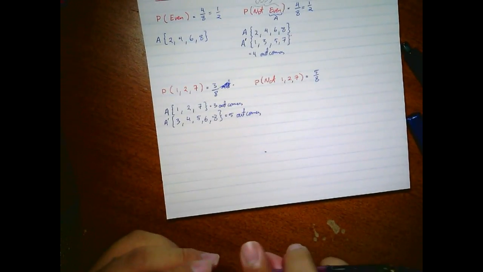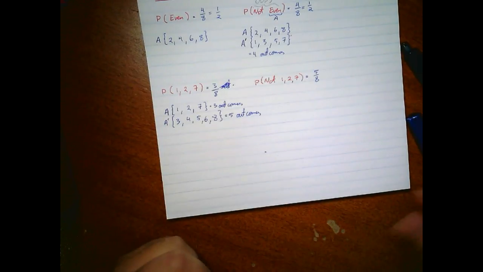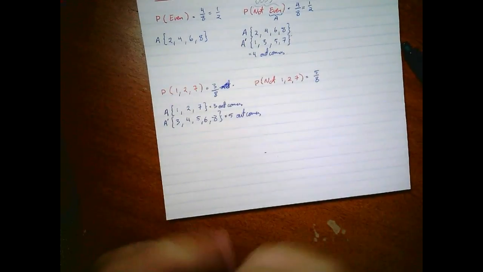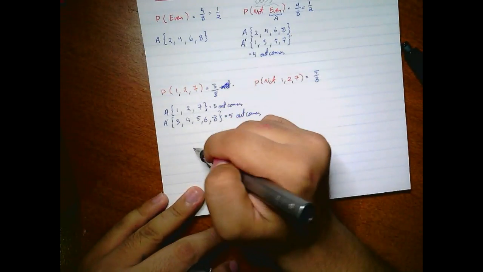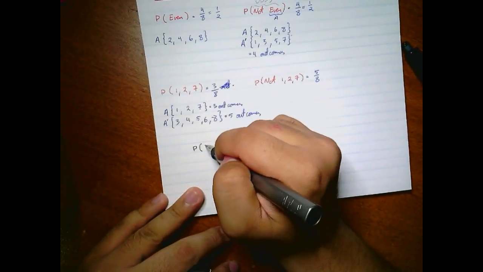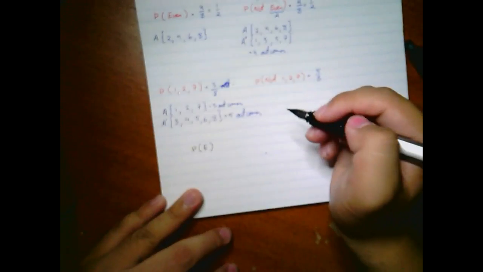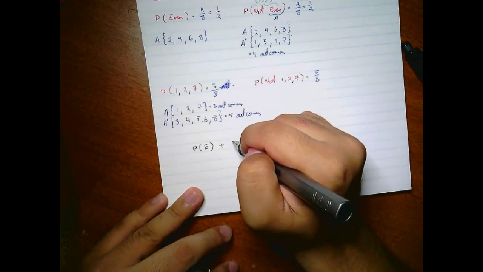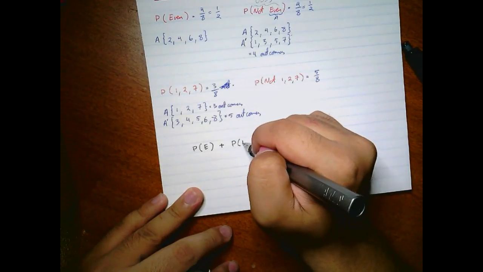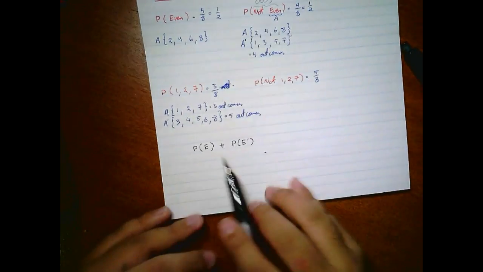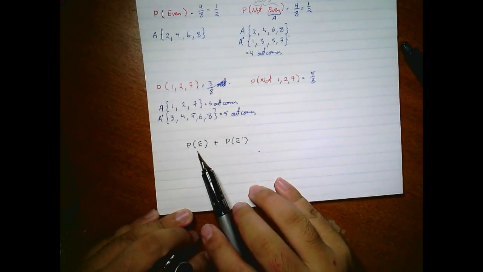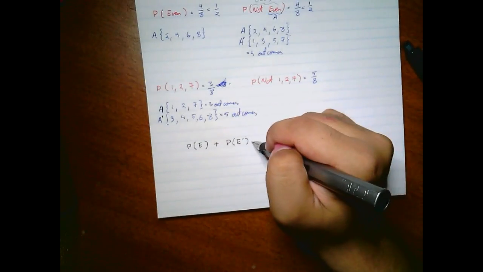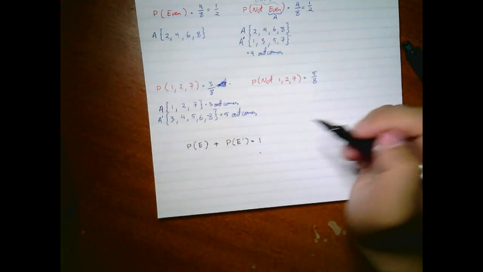If we have the probability of some event, and we add the probability of the not of the same event, so if we find an event and find the not event and add the probabilities, it will be 1.